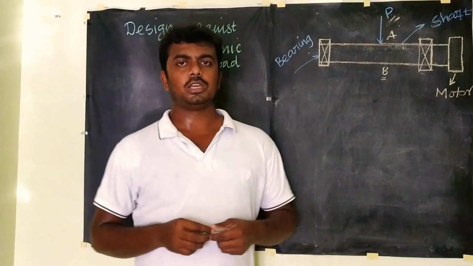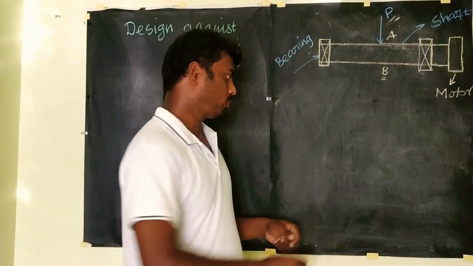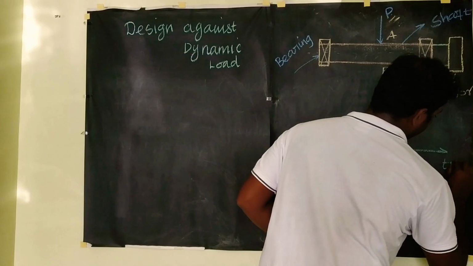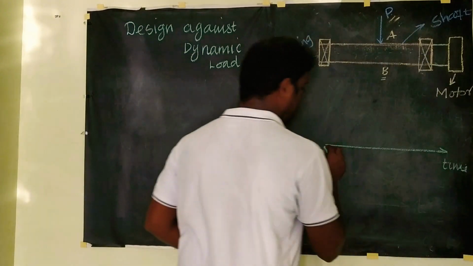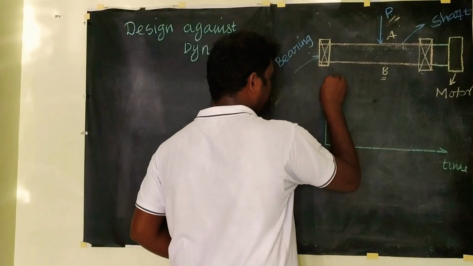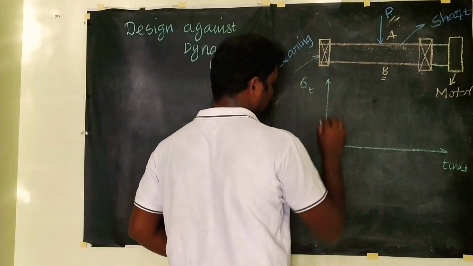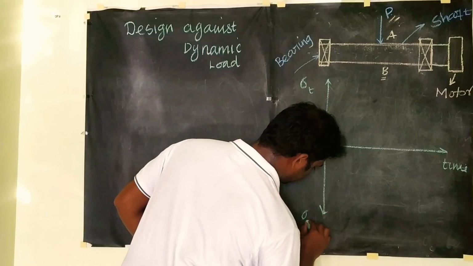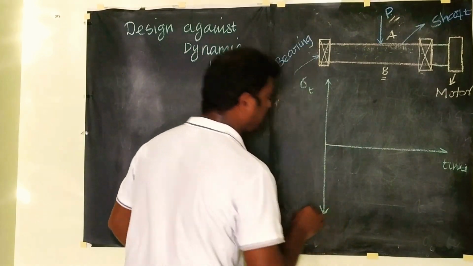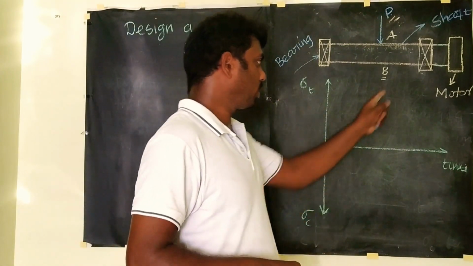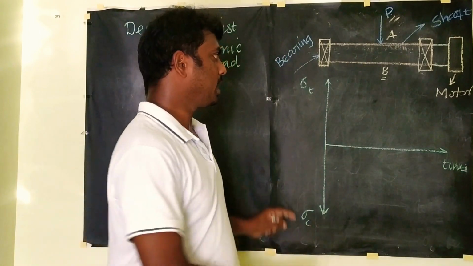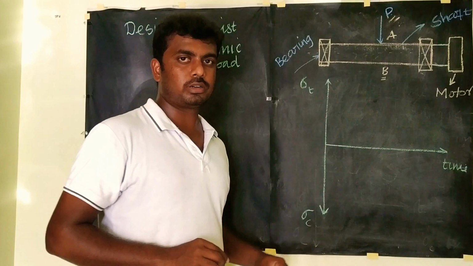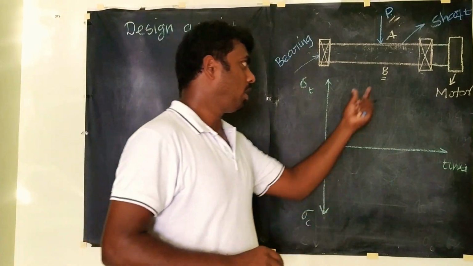In the x-axis, we will take time. In the positive y-axis, we will take tensile stress. In the negative y-axis, we will take compressive stress, sigma suffix c. Here I will focus only on point B. As per the position, this point B is subjected to tensile stress for half of the revolution.